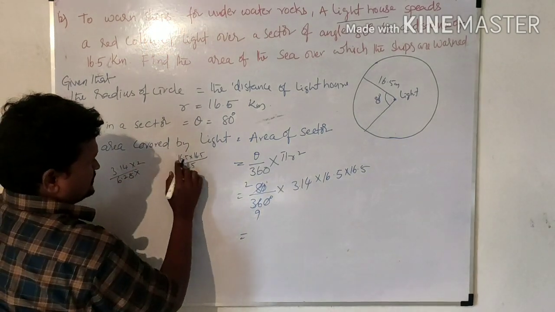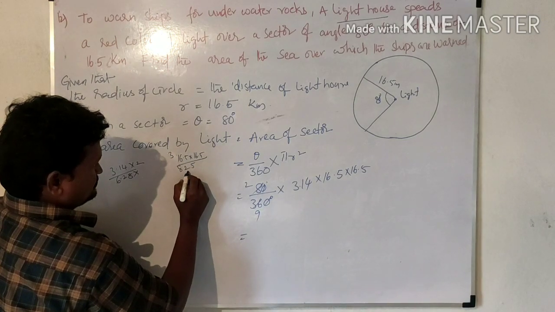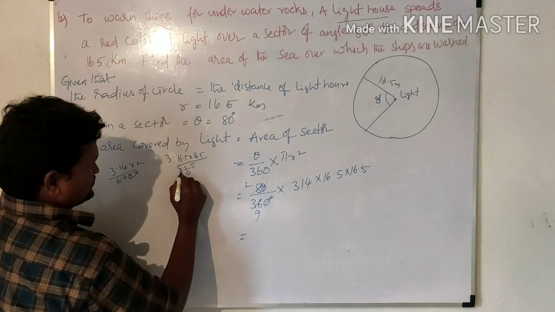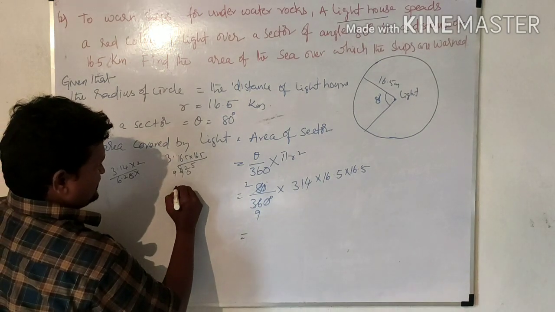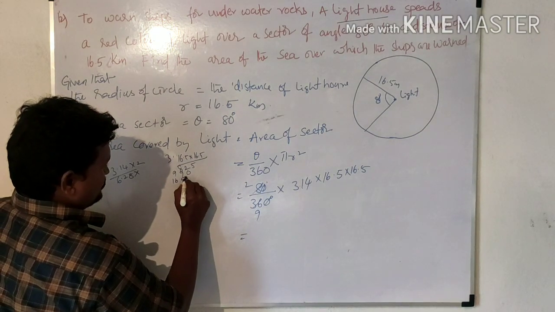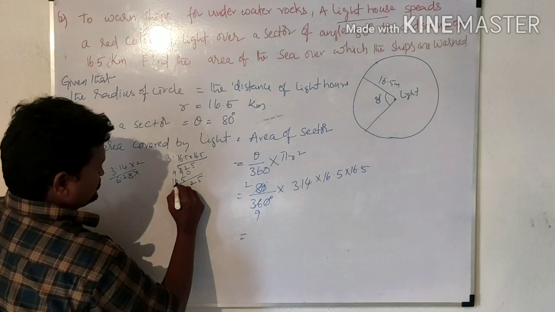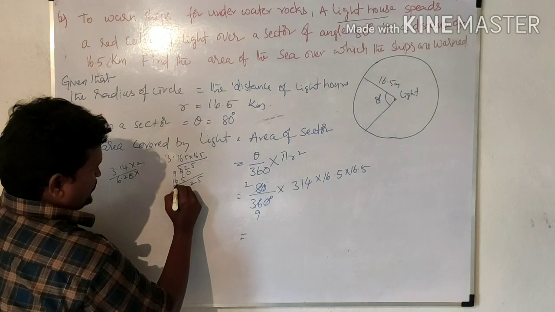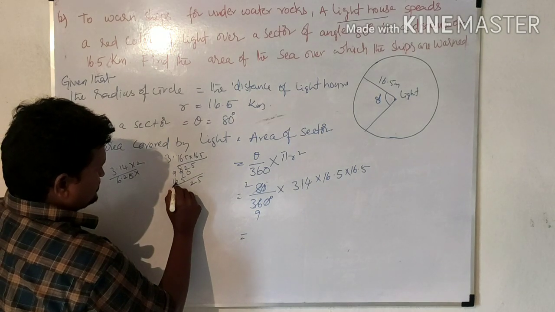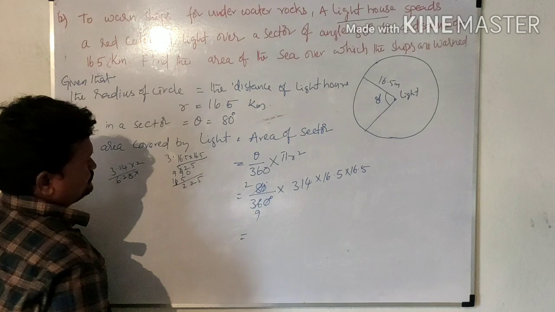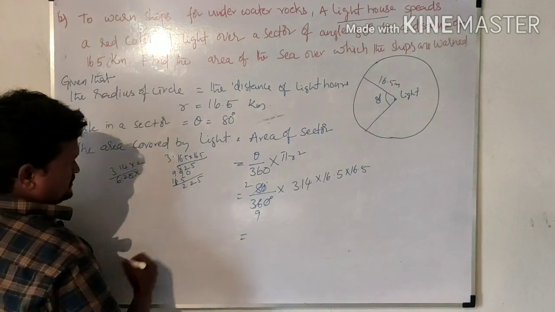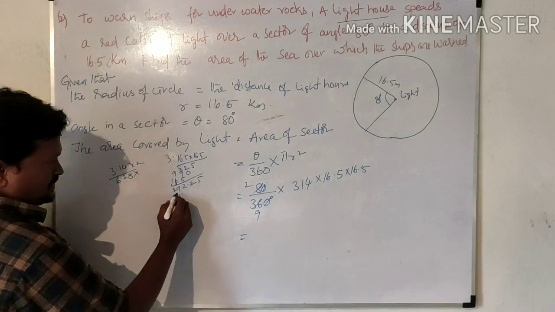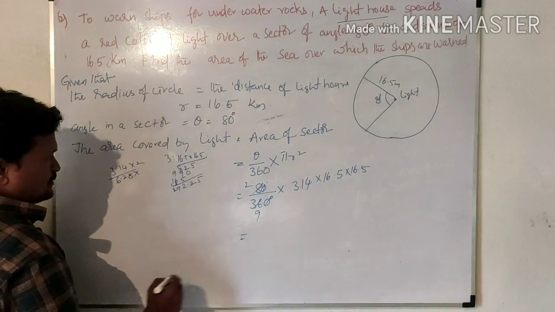Six fives are 30, six sixes are 36, 3 is 39, six 1s are 6 plus 3 is 9. So after 2 digits, it is 272.25.